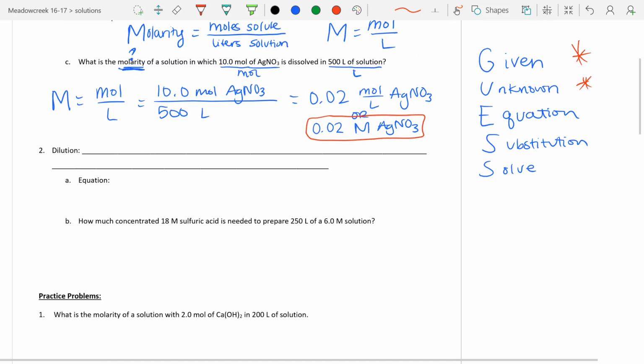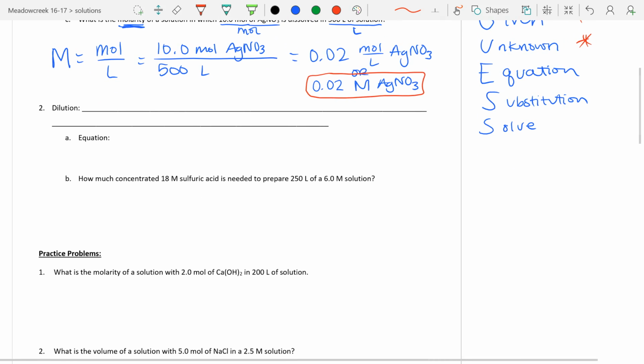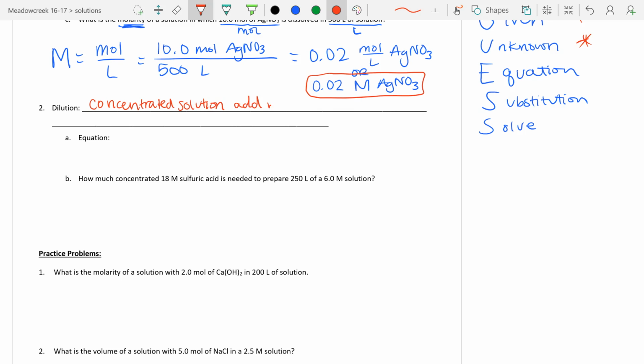Now, if we look at dilution, okay, what is dilution? Well, dilution is when you take a concentrated solution and you add more water to it or add more solution to it. Okay.